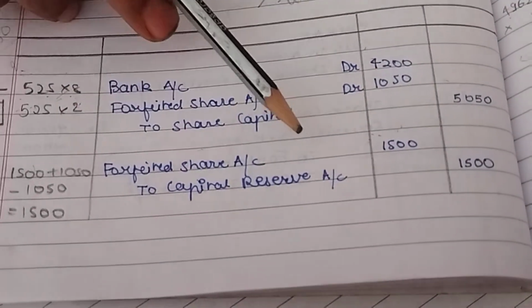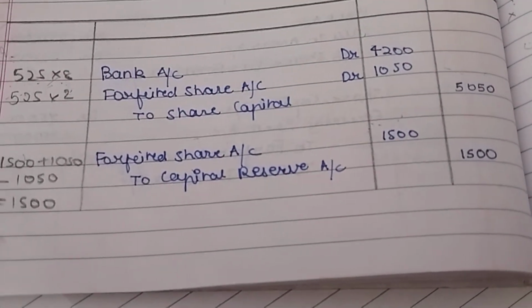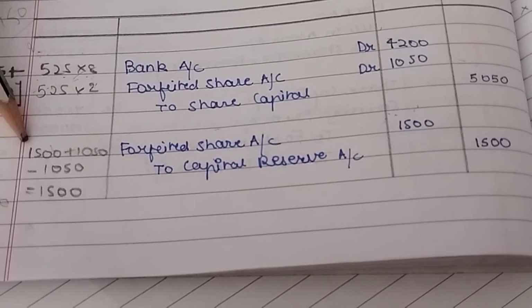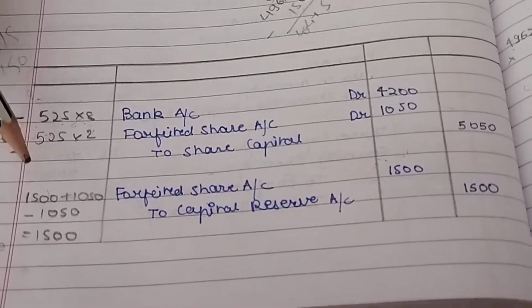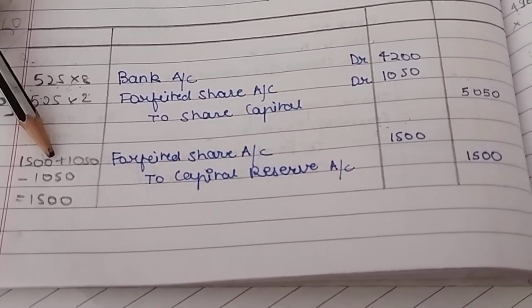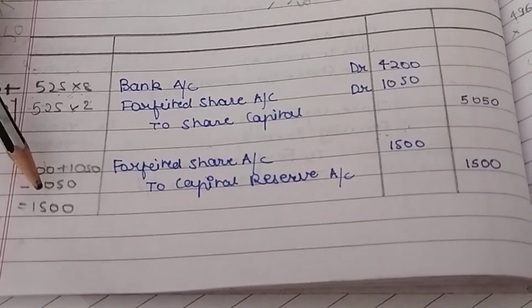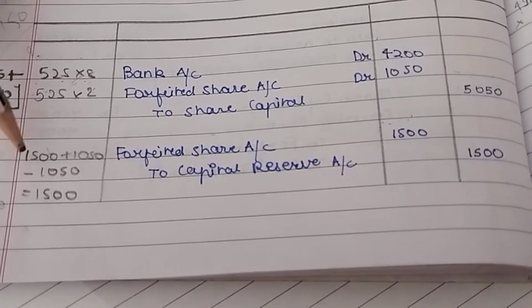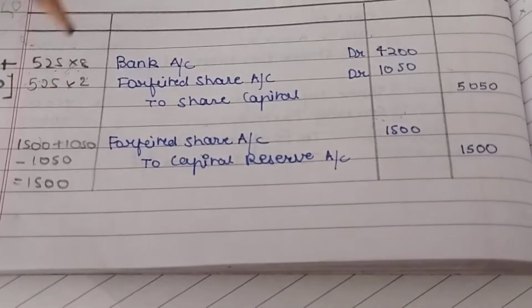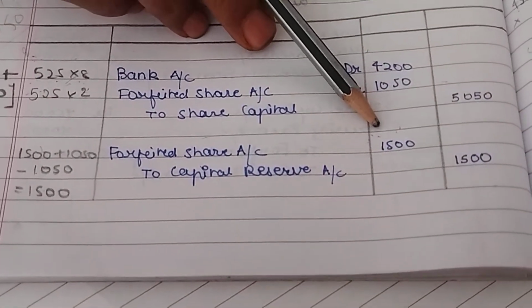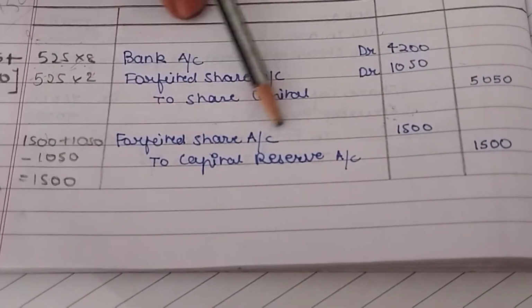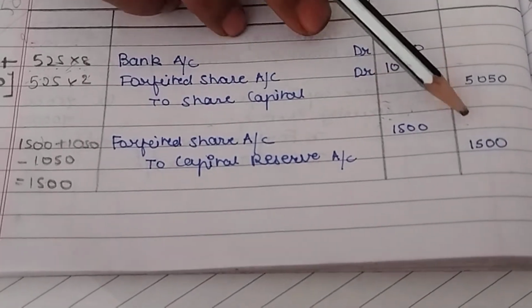Again I am going to repeat. Anil's amount 1,500, Sunil's amount 1,050, discount minus 1,050, balancing amount 1,500. That amount we transfer to capital reserve. Forfeited share account debit to capital reserve, amount 1,500.